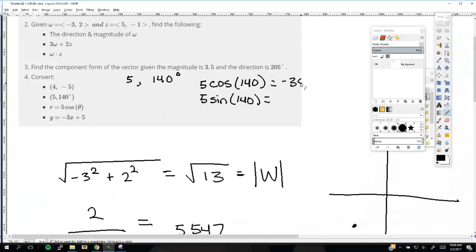Negative 3.83 and 3.21. Perfect. That's what I got.